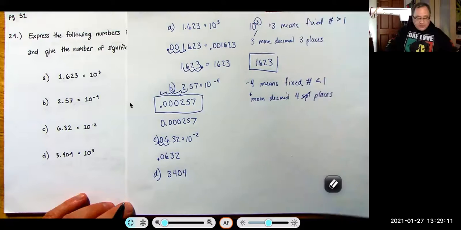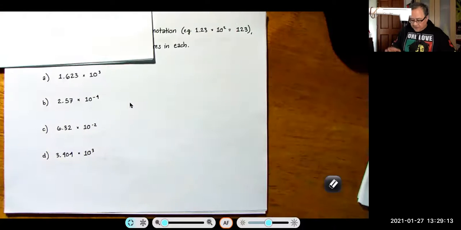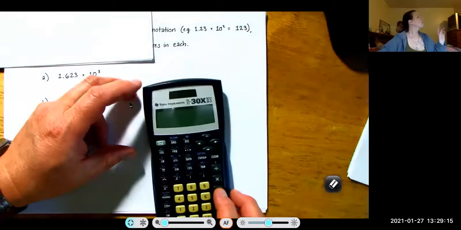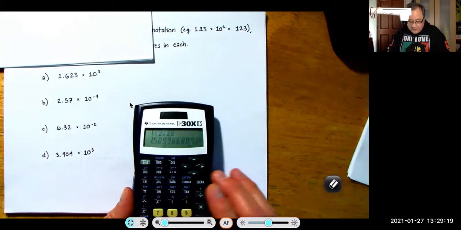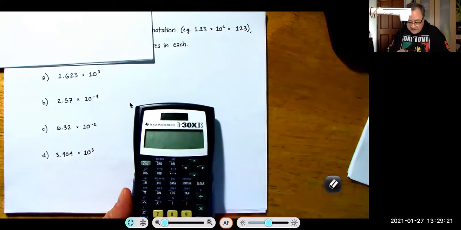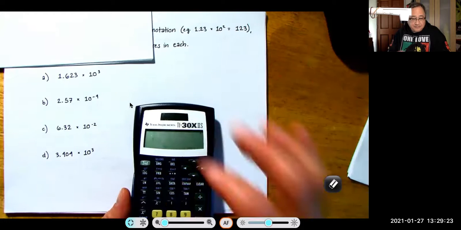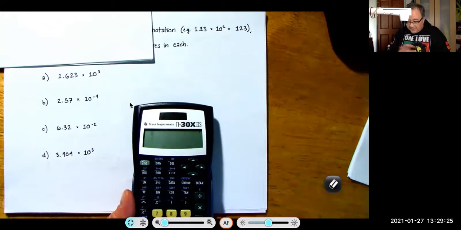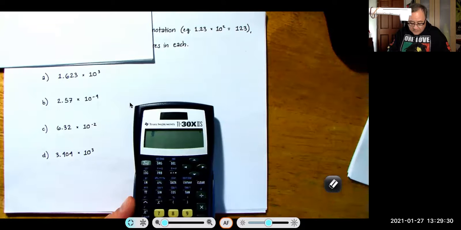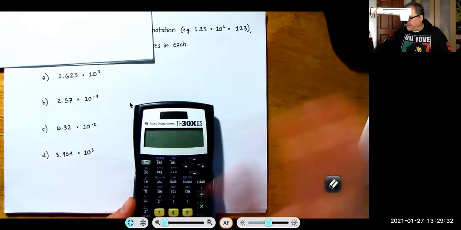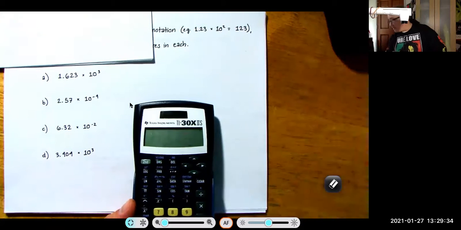Now, I'm going to show you something that I didn't show other folks, but it just occurred to me that maybe it might be helpful. So this is the calculator I like to use because it's inexpensive, solar powered, and it has everything you need for this class. So right now, if I zoom in on this, let me find my remote control.